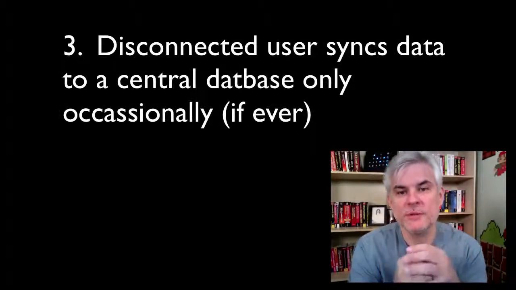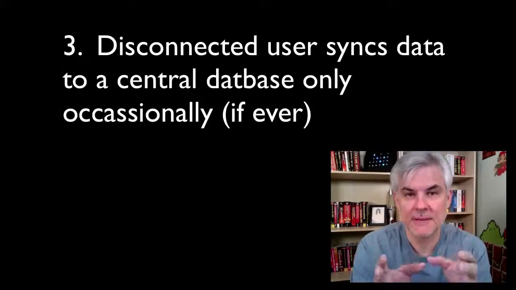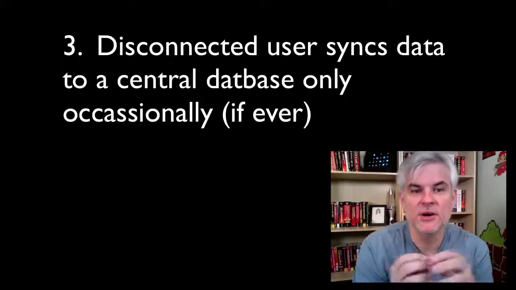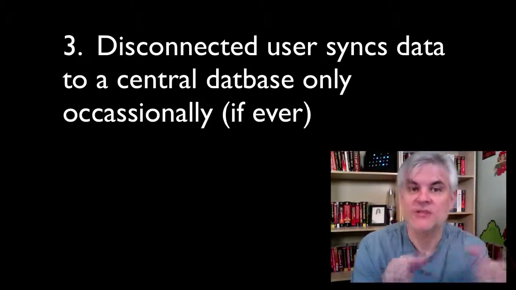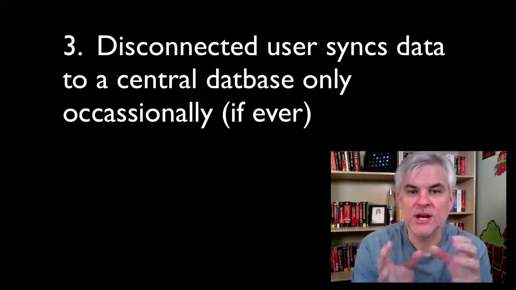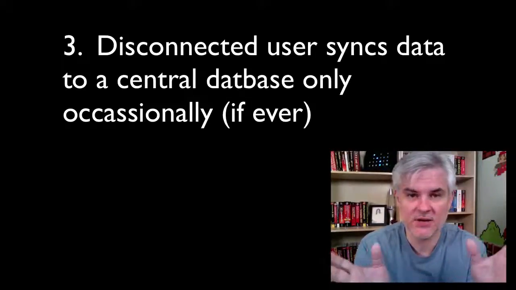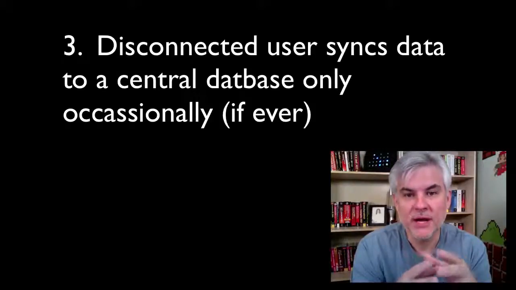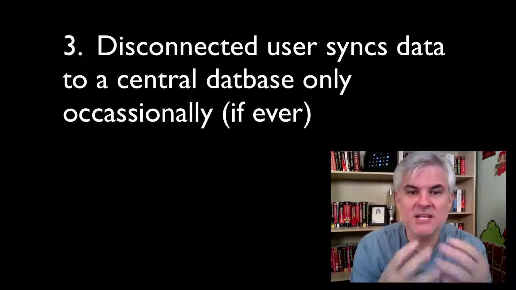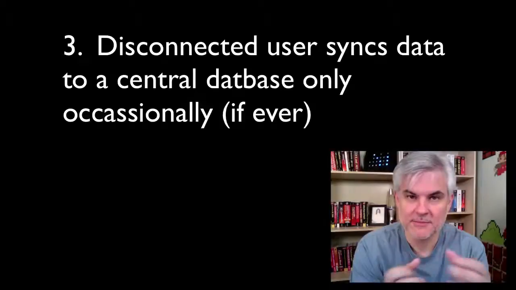The third scenario is a single Windows application that's running on a single laptop or desktop computer. In this scenario, kind of like the outside salesperson, the user can operate the application for days or weeks at a time without ever connecting to the internet. But they can optionally sync the data with a central database from time to time.